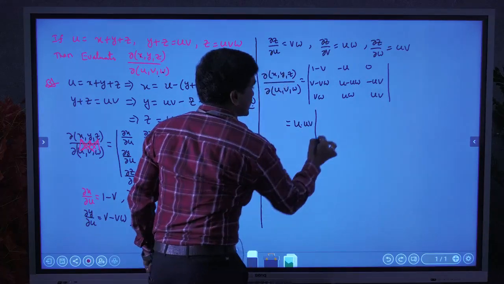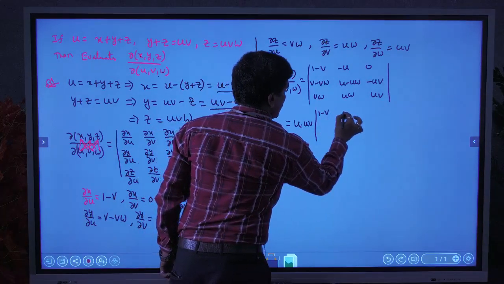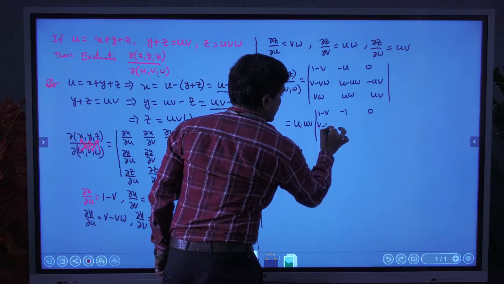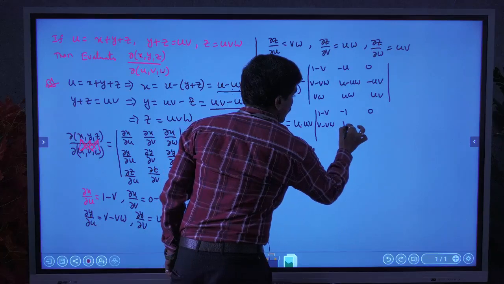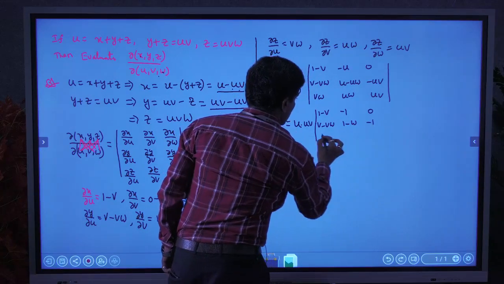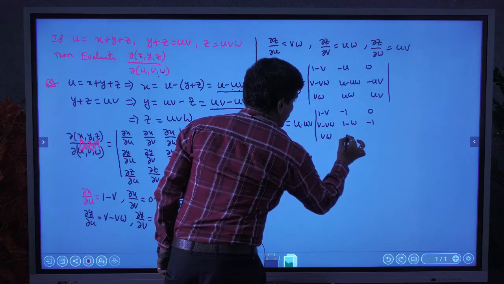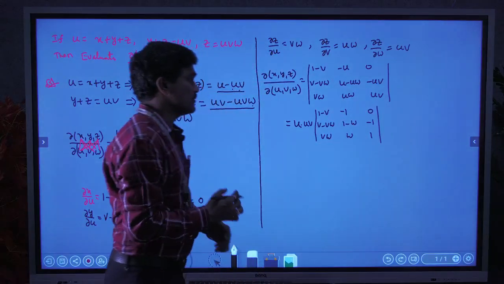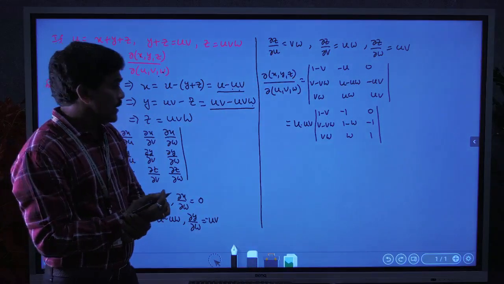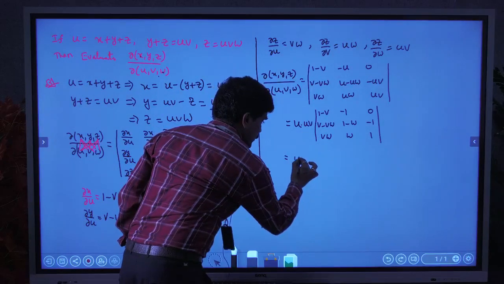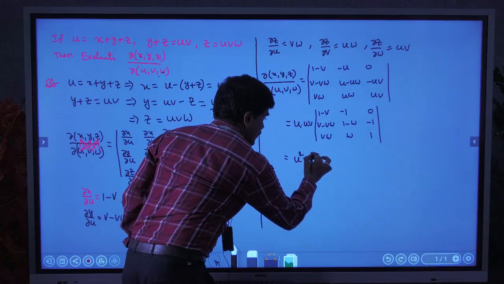So write the remaining terms: 1 minus v, minus 1, 0; here v minus vw, 1 minus w, minus 1; here vw, w and 1, right? This is the determinant. Now that is equal to uv times u, that is u square v, right?